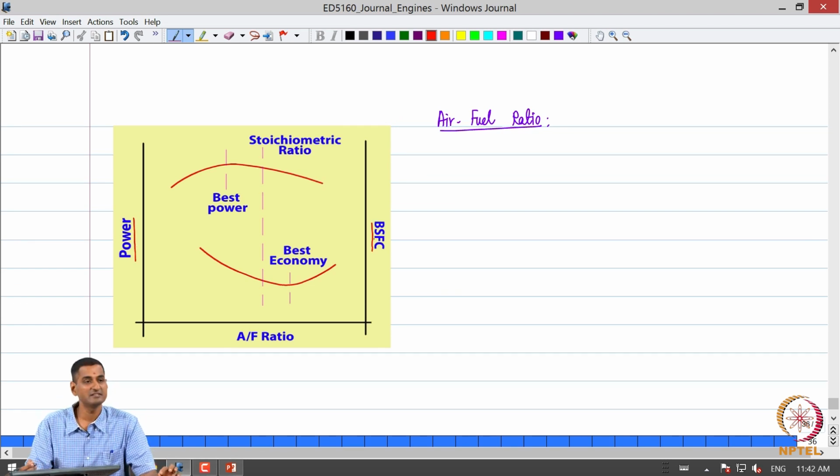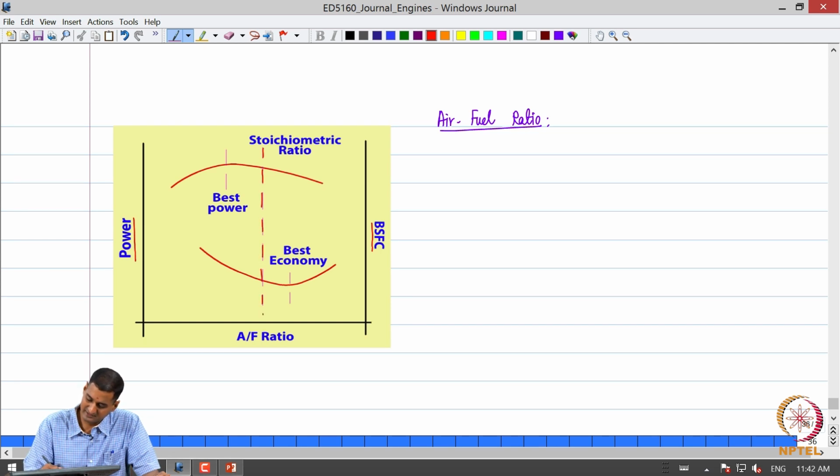Please recall that BSFC stands for brake specific fuel consumption. Ideally I would want the BSFC to be as small as possible, as that would lead to better fuel economy.